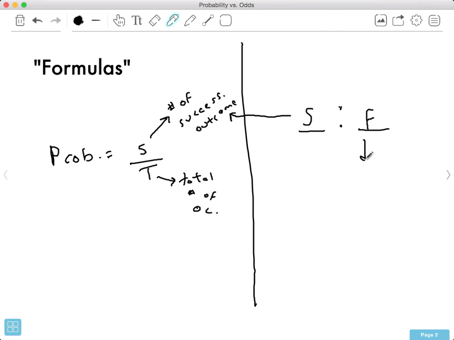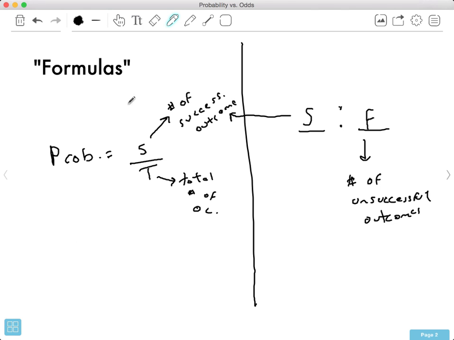This is the number of unsuccessful outcomes, which you can figure out by using successful outcomes and the total number of outcomes. If you have some experiment you're doing and it has 10 outcomes and 7 of those are successful, then 3 of them would be unsuccessful. So this number here would be 3.